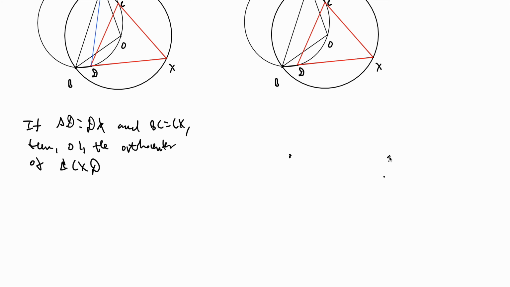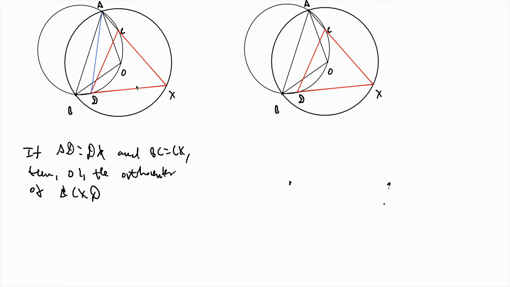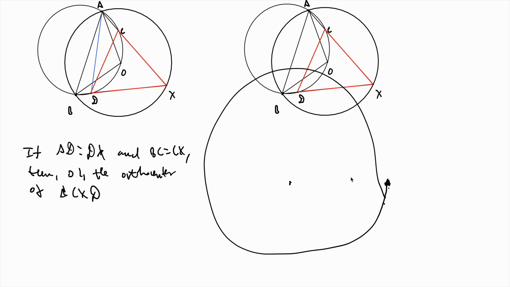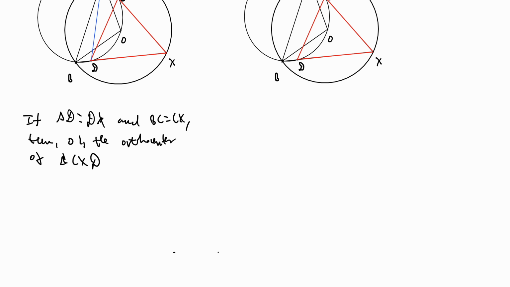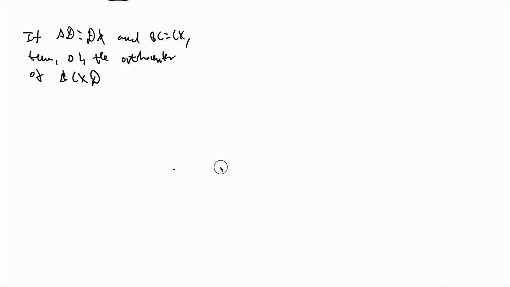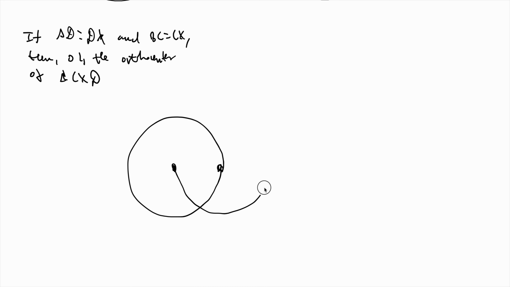I'll use the radical axis to quickly explain why, if these are true, DO and CO are perpendicular to AX and BX respectively. Say we have 2 points like this, draw a circle around each, with the same radius, so they have a common radius.